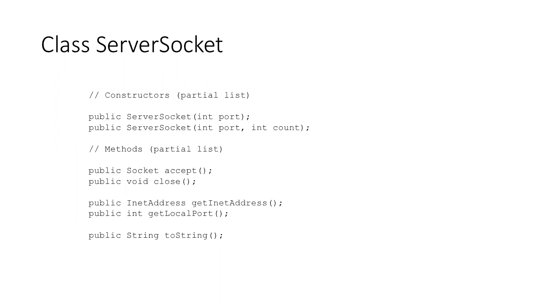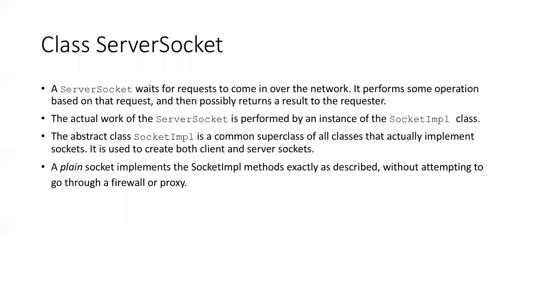Similarly, if you go into a web server and you want to get, you have to stop and wait until there's a return. So there's no throughput during the stop and wait phase of a network interaction. So server socket waits for requests to come in over the network. Once they come in, typically you launch a thread to service the requester.